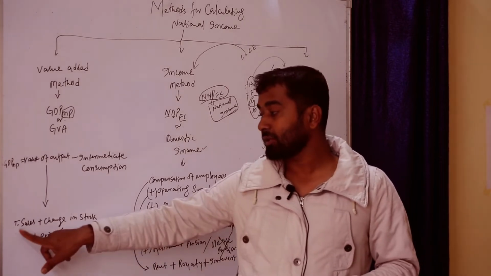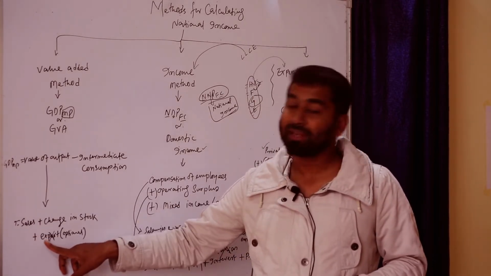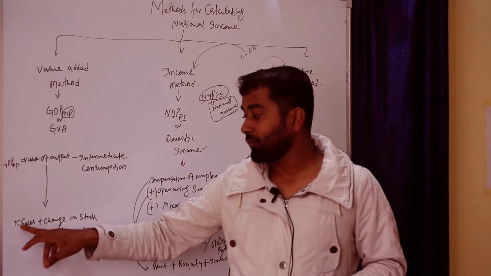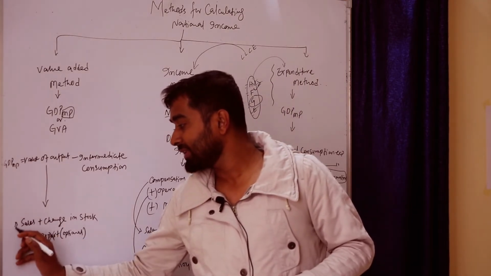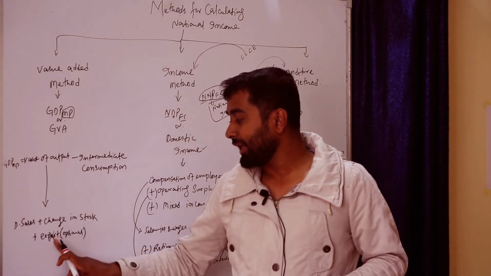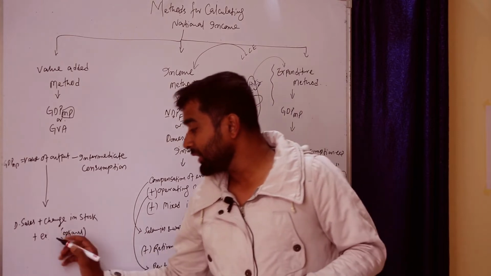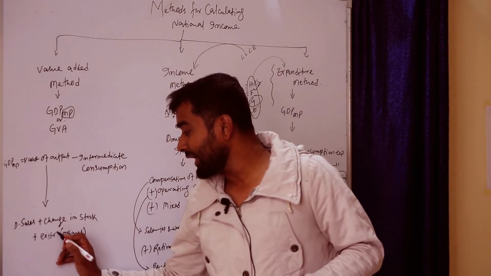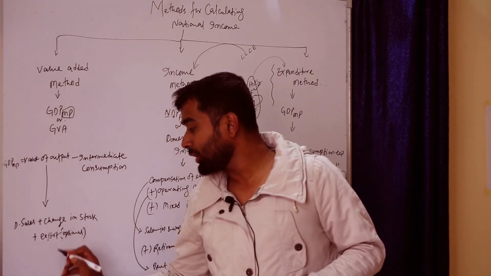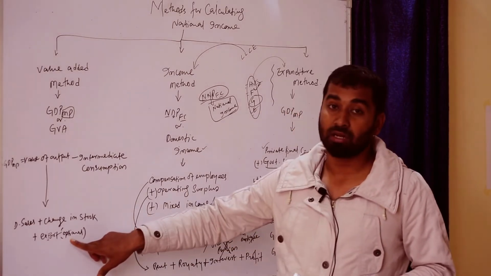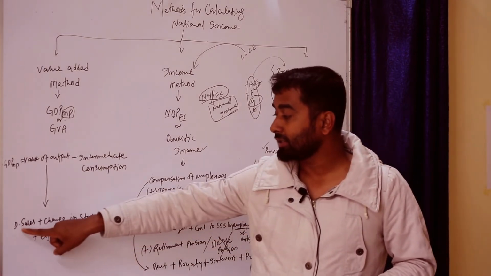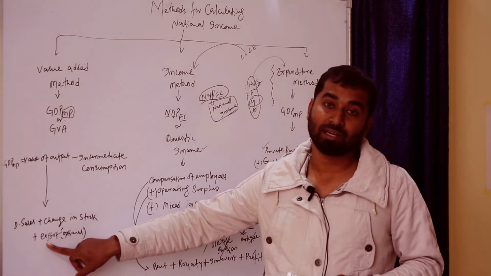That's why it's given as the total sales, so we should not consider export again. But if domestic sales is given, then export definitely should be included, because the export part is not included in the domestic sales. That's why I have written optional. Optional means where the total sales is given, you should not consider export.